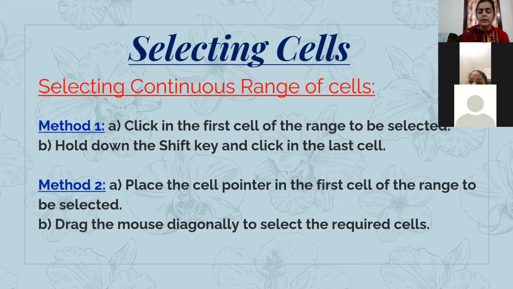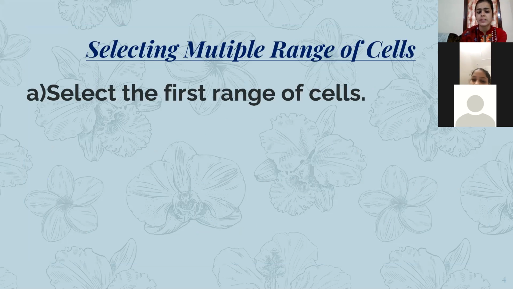The second topic is how you can select multiple ranges of cells. Multiple range of cells means you want to select more than one range of cells but not in continuous form. So how can you select multiple ranges of cells?